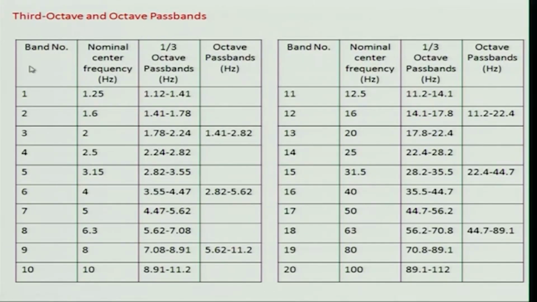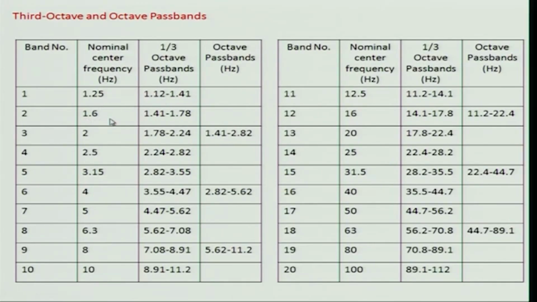The band numbers of octave bands are the same as if you calculate using the 1/3 octave formula. So band number 1 is 1.25 hertz, and this is the range of frequencies, the lower frequency limit and upper frequency limit for the band.